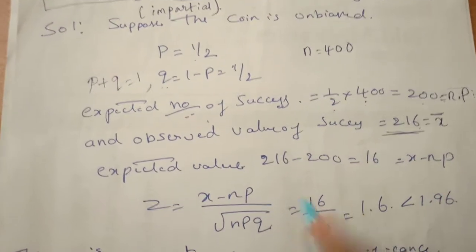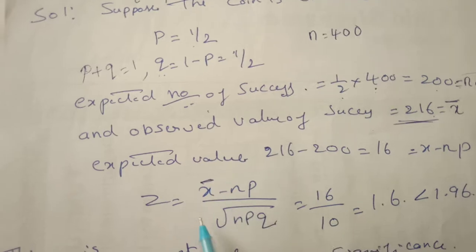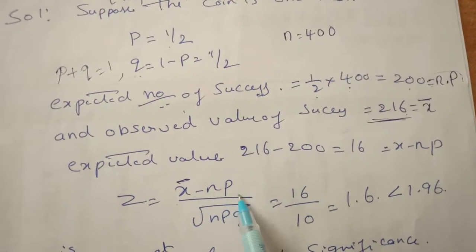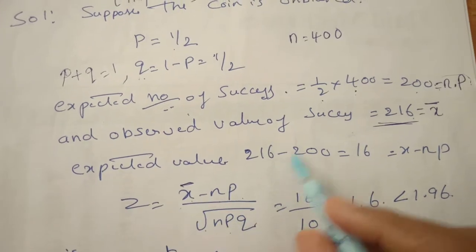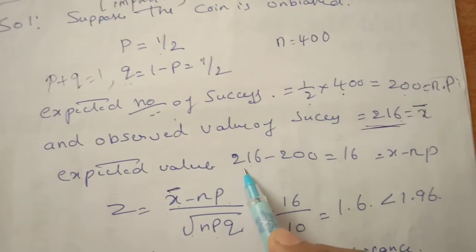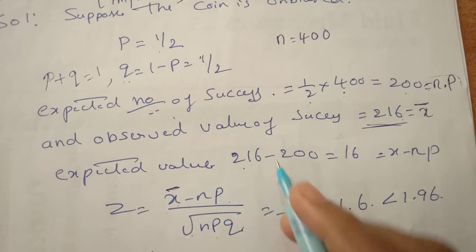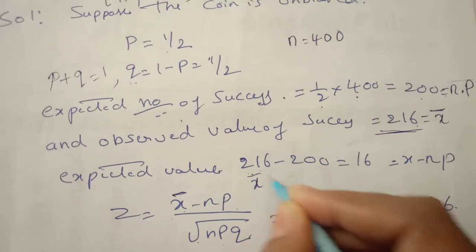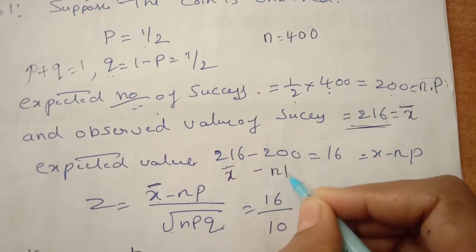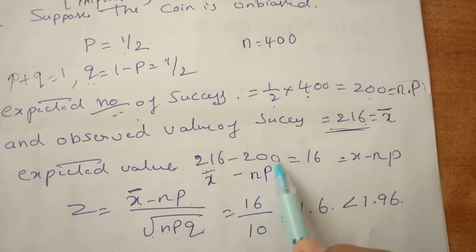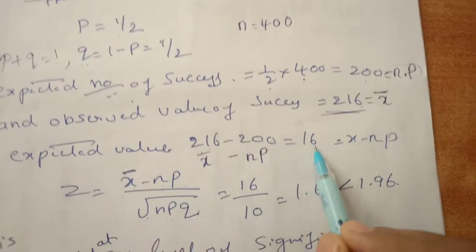Now the formula is Z is equal to x bar minus np by square root of npq. The numerator term we find here only, that is x bar 216 minus np, the expected number of success, that is 200. 216 minus 200 is 16.